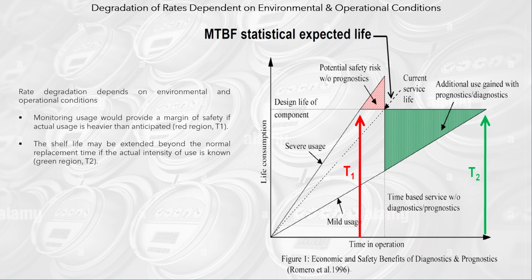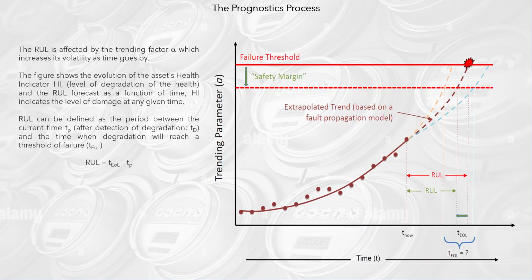Rate of degradation depends on environmental and operational conditions. Monitoring usage would provide a margin of safety if actual usage is heavier than anticipated, red region, T1. The shelf life may be extended beyond the normal replacement time if the actual intensity of use is known, green region, T2. The RUL is affected by the trending factor alpha, which increases its volatility as time goes by.